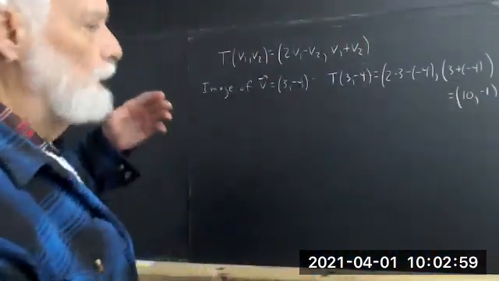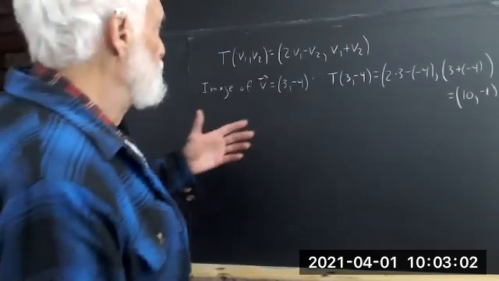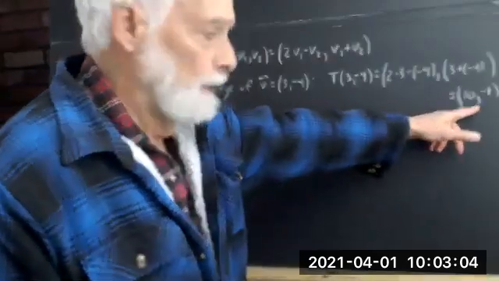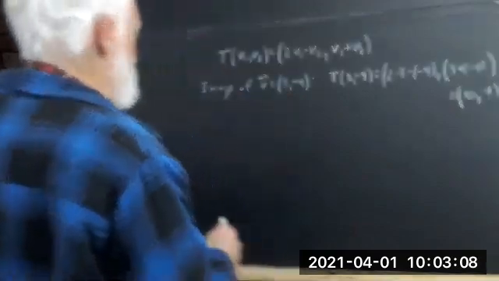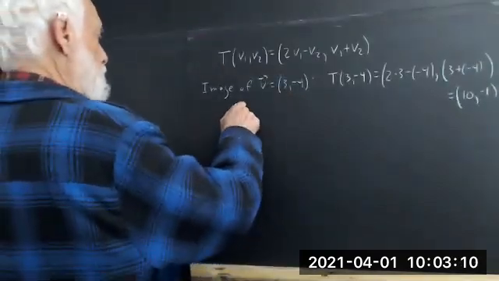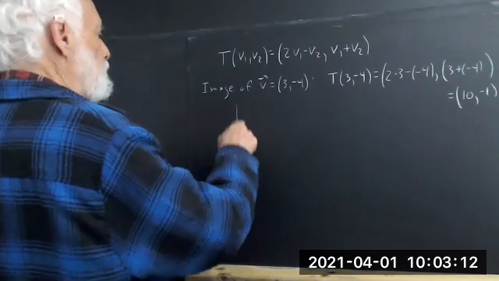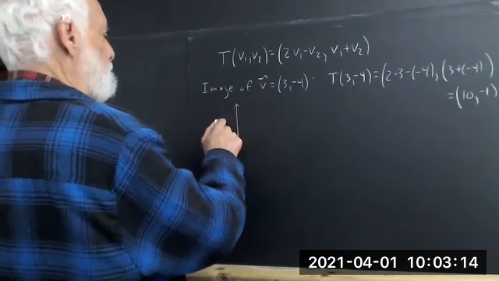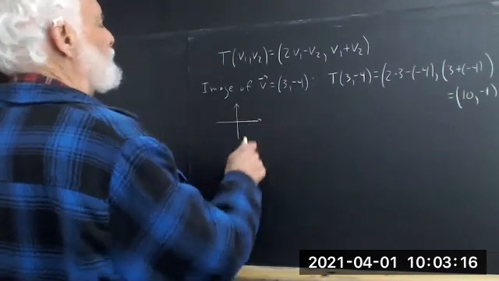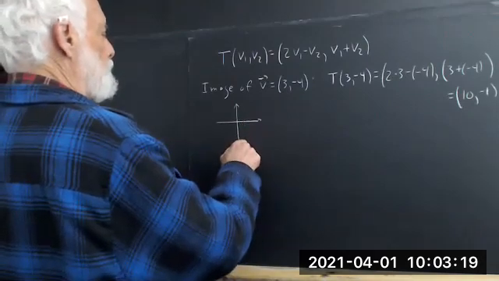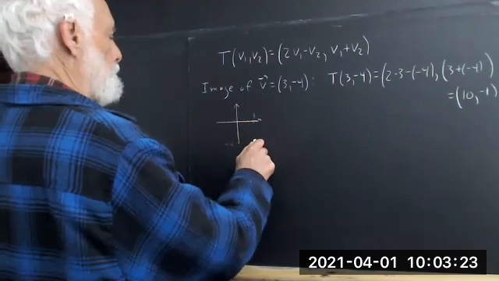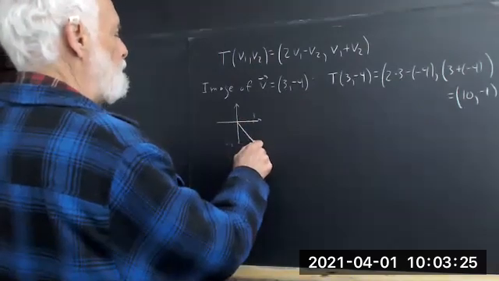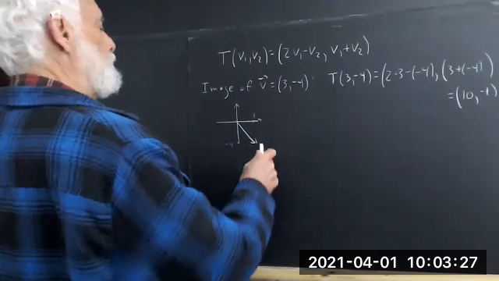Now we can visualize this image of the vector v. V is a vector 3, -4. So I'm going to write that kind of small, but we have 3 here, -4 here. Here's our v.